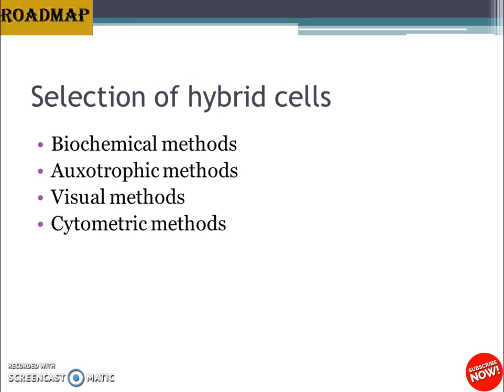Then coming to the cytometric methods. In the cytometric method, the flow cytometry and fluorescent cell sorting technique is used. This technique analyzes the plant protoplast viability so that the viability of cells can be maintained.